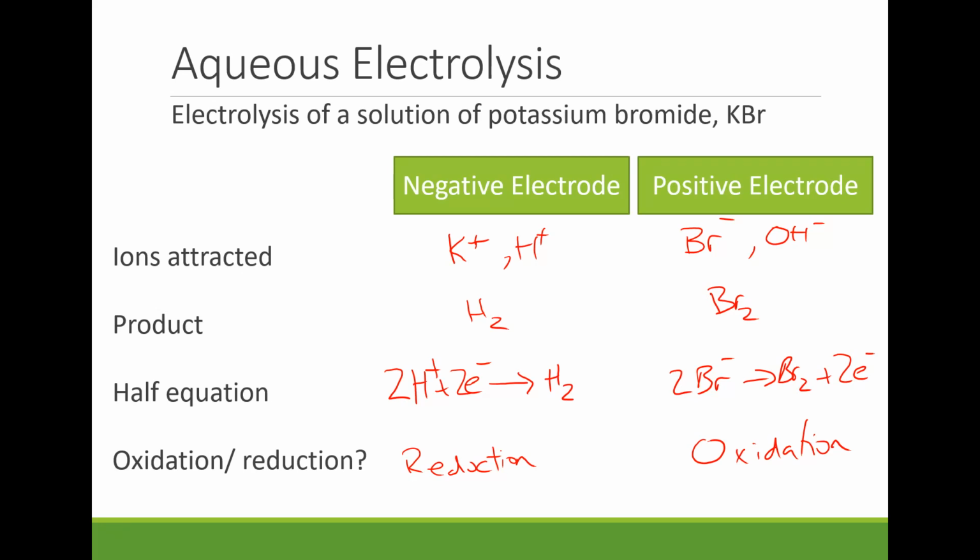Perfect. Okay, so that's what we're about with this aqueous electrolysis, thinking about an extra step at each electrode. With the electrolysis of potassium bromide, we'd see bubbles of hydrogen gas at the negative electrode. We'd see bromine forming at the positive electrode. In solution, that would look like an orangey brown solution forming around the positive electrode.